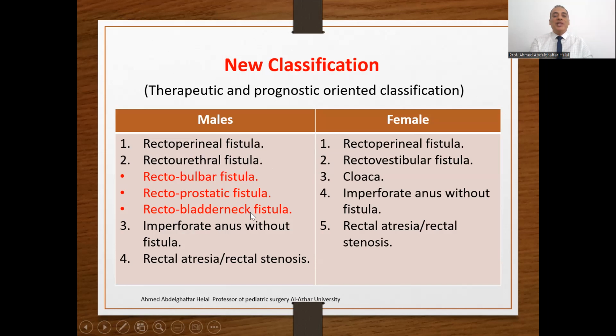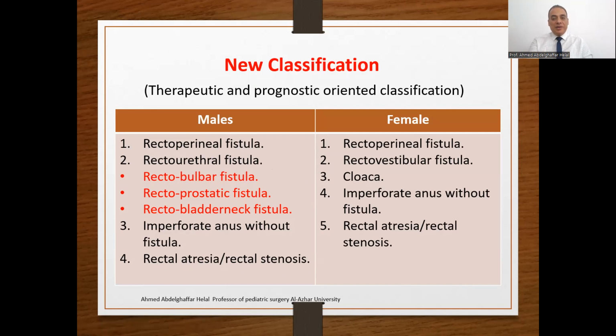Rectourethral fistula has 3 subtypes: rectobulbar fistula, rectoprostatic fistula, and rectobladder neck fistula. The third type is imperforate anus without any fistula, and the fourth one is rectal atresia or rectal stenosis.